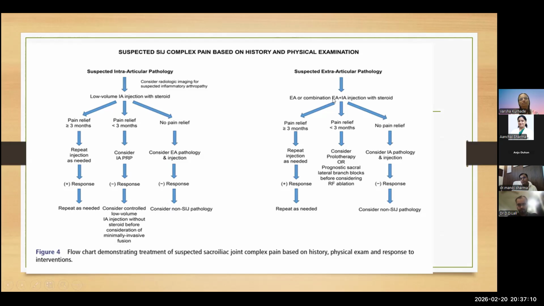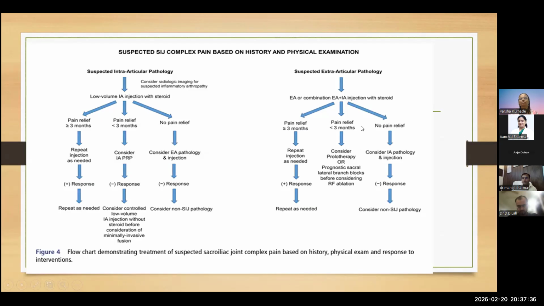And if we consider extra-articular pathology, then we can give an extra-articular injection or a combination of extra-articular and intra-articular injection with steroid. If the patient gets pain relief for more than or equal to 3 months, then a repeat injection can be given. And if pain relief is less than 3 months, then we can consider prolotherapy or prognostic sacroiliac branch blocks before considering RF ablation.